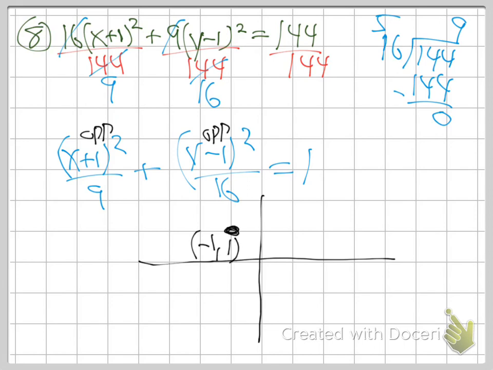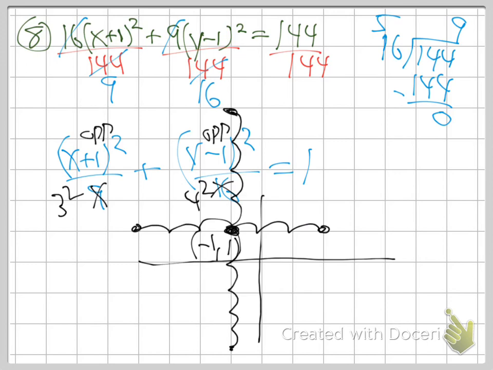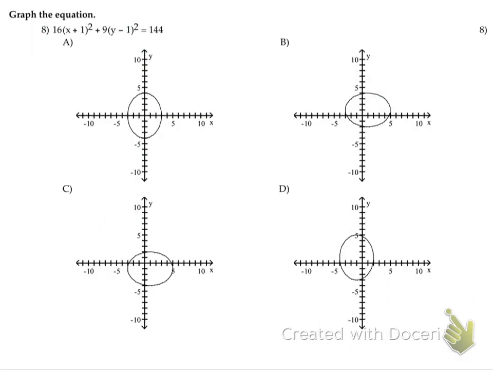This is 3 squared, 4 squared. So it'd be right and left 3: 1, 2, 3, 1, 2, 3. Up and down 4: 1, 2, 3, 4, 1, 2, 3, 4. So it's a little taller. That's probably enough to grab the right answer. It's clearly D.